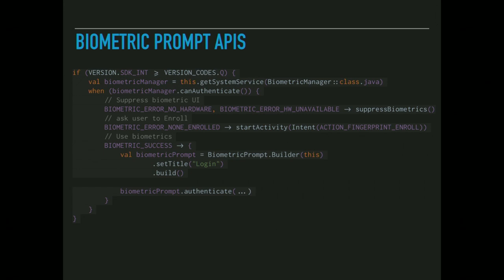You can fire off an intent or tell them to click here to set them up, and take them deep linked into the settings to set up their fingerprints with this action enroll. The action fingerprint enroll is only available on 28 and above. If it's successful, you build this biometric prompt, put in the strings you want, and then call .authenticate on that.